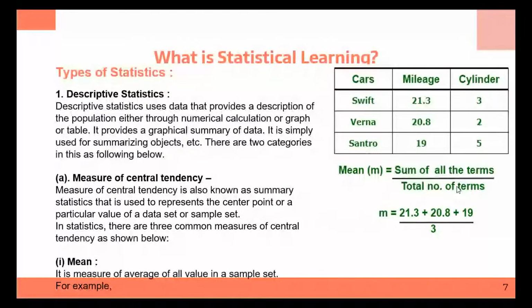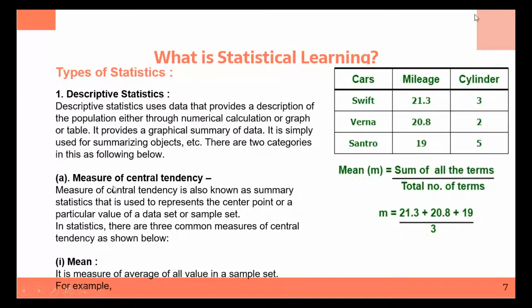So the sum of all the terms you are considering adding will be on top, and in the denominator will be the total number of terms, the total number of items, the count of elements. There are 3 elements, so divide by 3; there are 3 mileages available. So I am trying to find the average mileage of all of them. That's how it helps you find the mean.